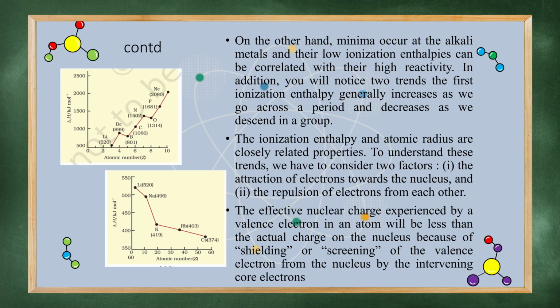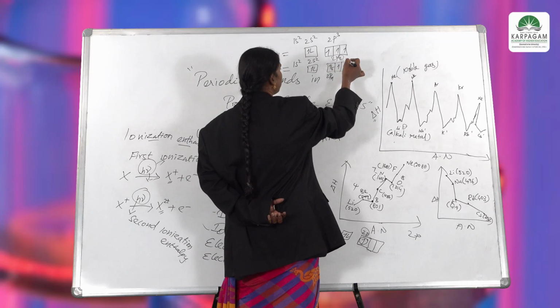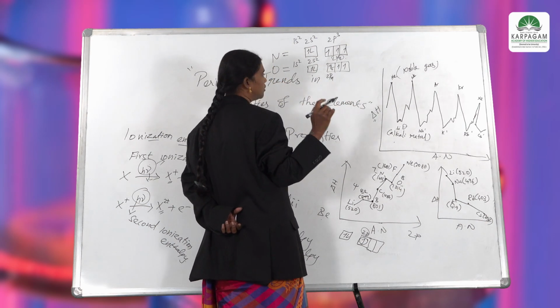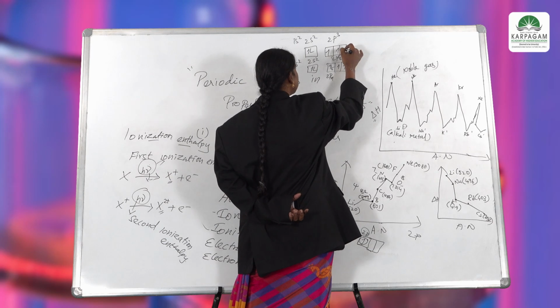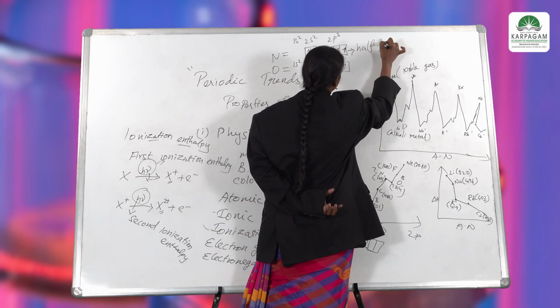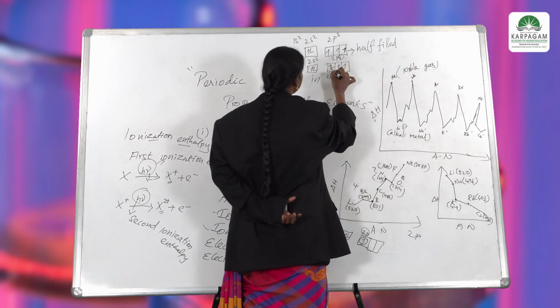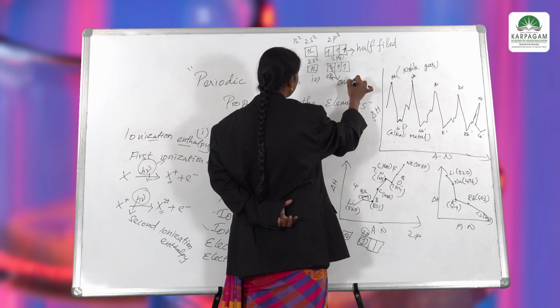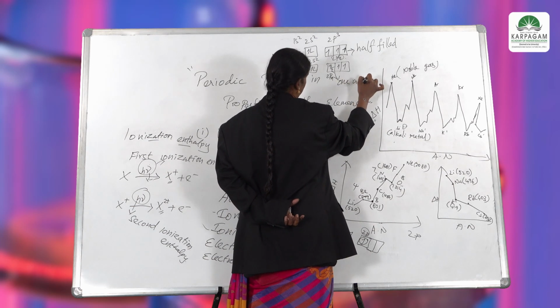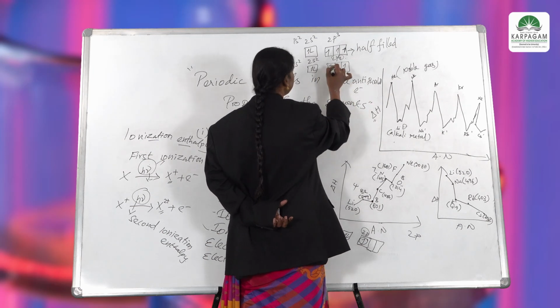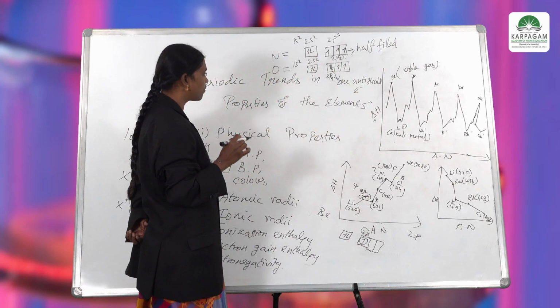In the p orbital, the complete electron filling is 6. Here nitrogen has a half-filled state, and oxygen has one anti-parallel electron in its atomic orbital.